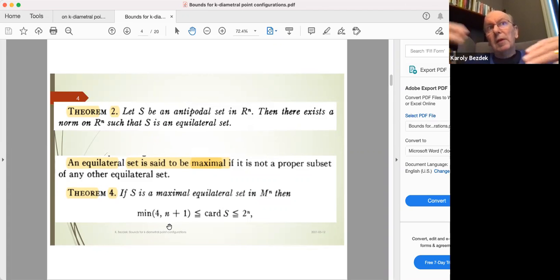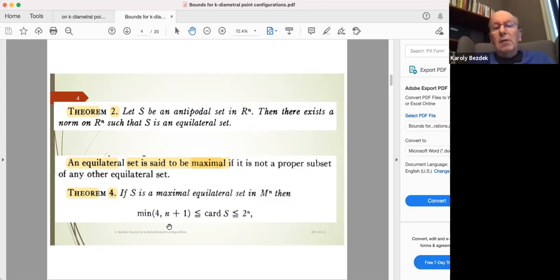So one could simply say that an antipodal point set in R^n is in fact an equilateral point set if we choose a proper norm. And if we have an equilateral point set in a norm, then it must be antipodal. So a point set is antipodal if and only if it is an equilateral point set with a properly chosen norm.